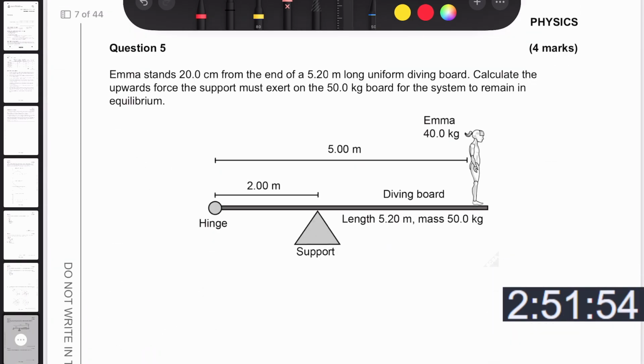Here stands 20 centimeters from the end of a 5.2 long uniform diving board. Calculate the upwards forces the support must exert on the 50 kilogram board for the system to remain in equilibrium.